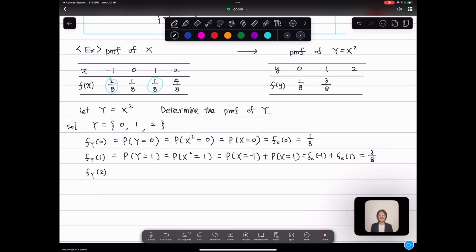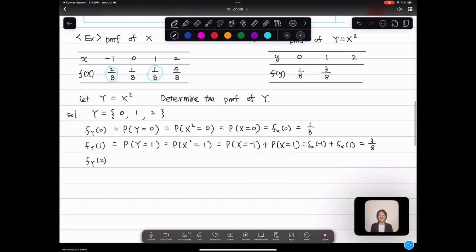And I want to complete the rest, which is, I think it's not 2, my mistake. It shouldn't be 2. Let me fix that. It should be 4. So let me get my y value of 4. So y equals 4, which means x squared equals 4.